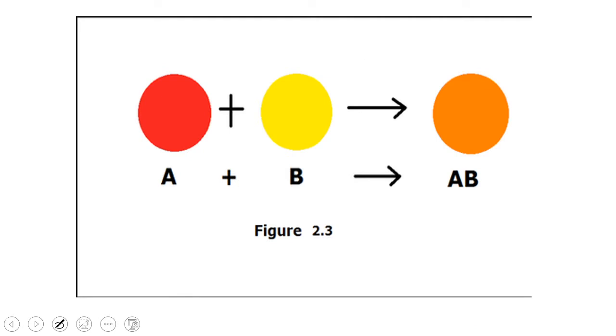Right. Next, this is the diagrammatic representation of combination reactions, where A and B are separate molecules which combine to give a single product called AB. Remember that all combination reactions are exothermic reactions.